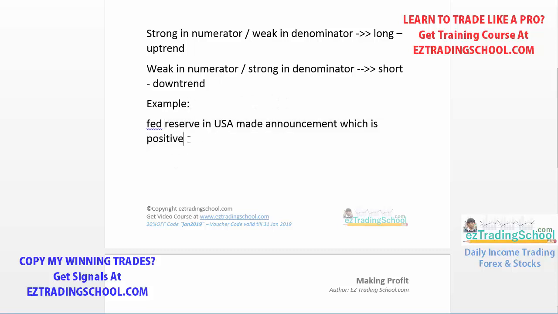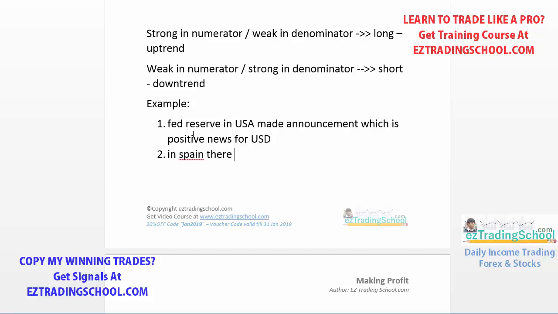It's positive news, so we'll just call it positive news in the USA for USD. Then there is another announcement. So these are two announcements, announcement number 1 and then announcement number 2. In Spain there was bad news.